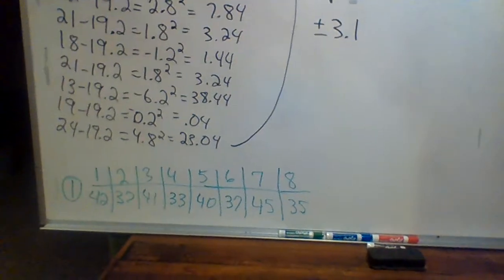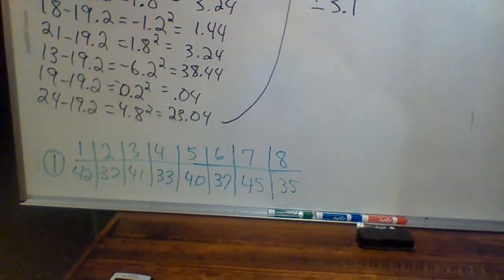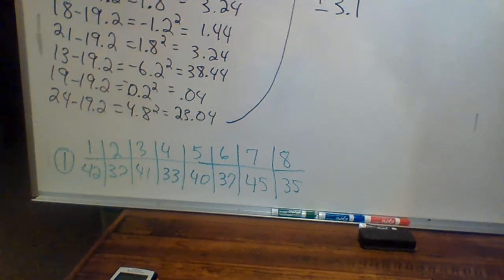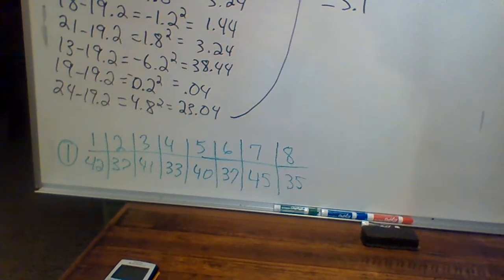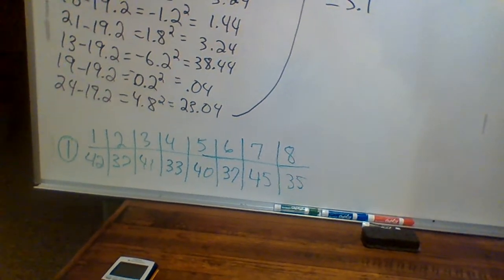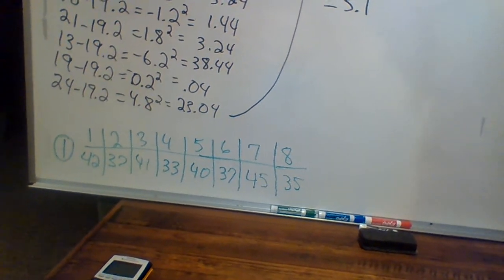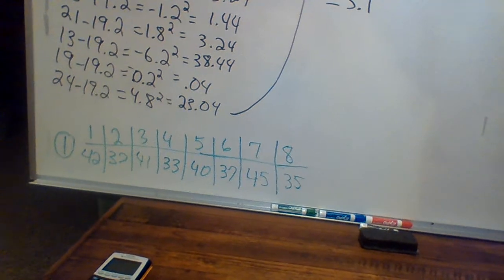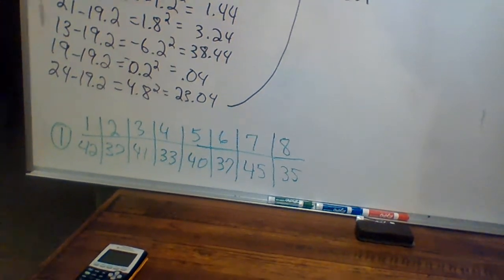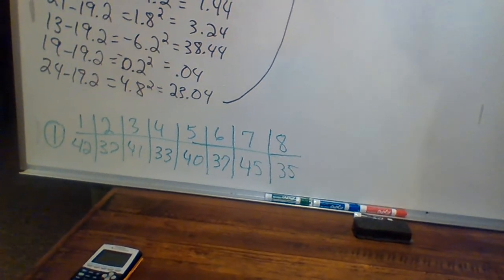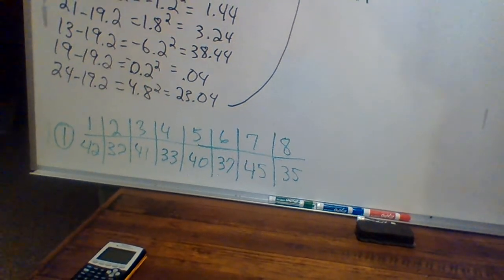I've given you 8 data points. Number 1 is 42, number 2 is 37. I know my 7 looks a little weird, but I think the rest of the numbers are pretty obvious. I just made up some data, and you're going to do the same kind of steps with that data.